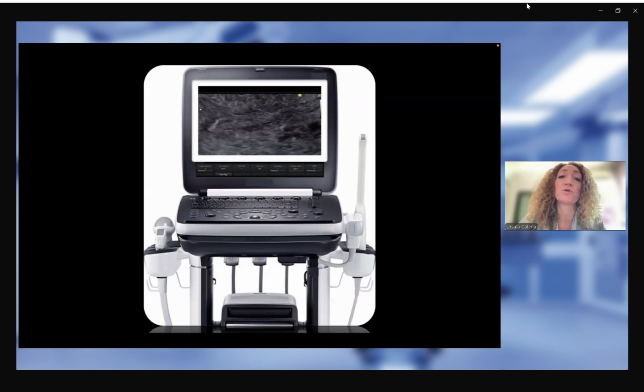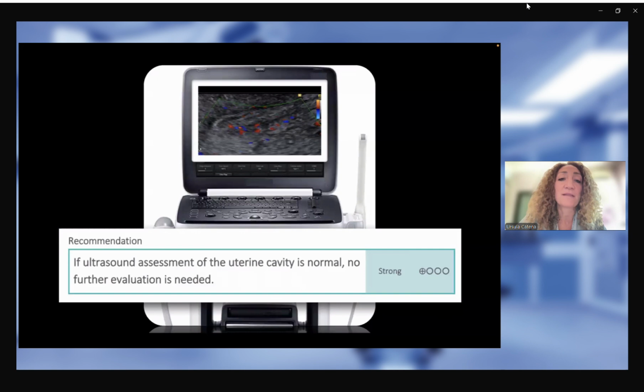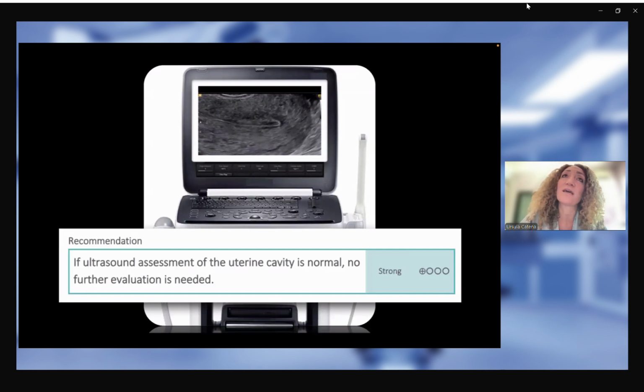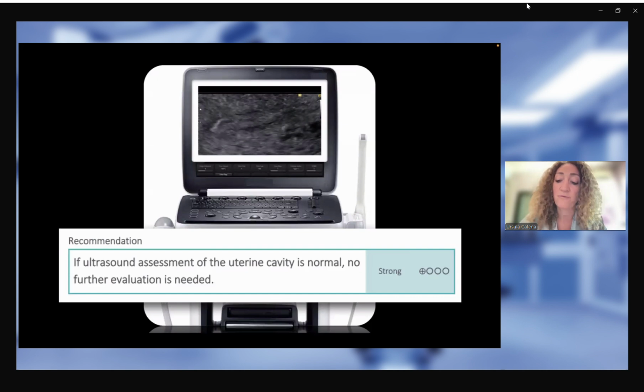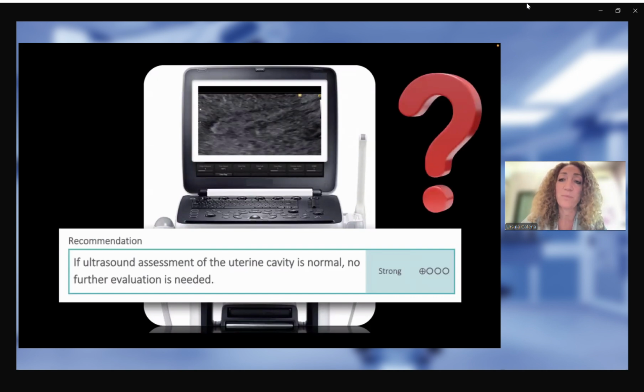If we put color Doppler on this endometrial line, we can see that something arises with a little bit higher vascularization. But if the ultrasound assessment of the uterine cavity is normal and no further evaluation is needed, in a case like this we would not recommend hysteroscopy for this infertile patient.